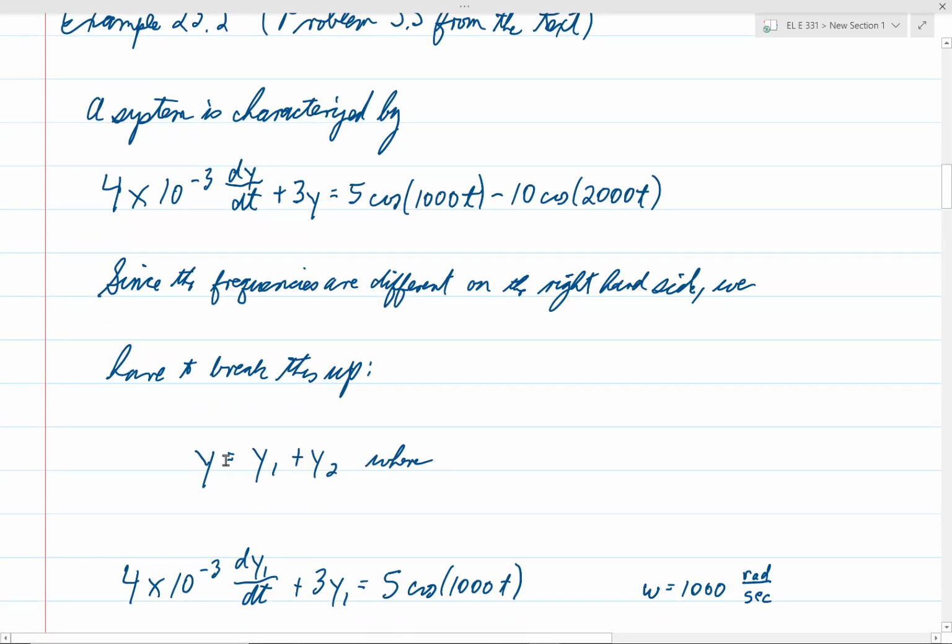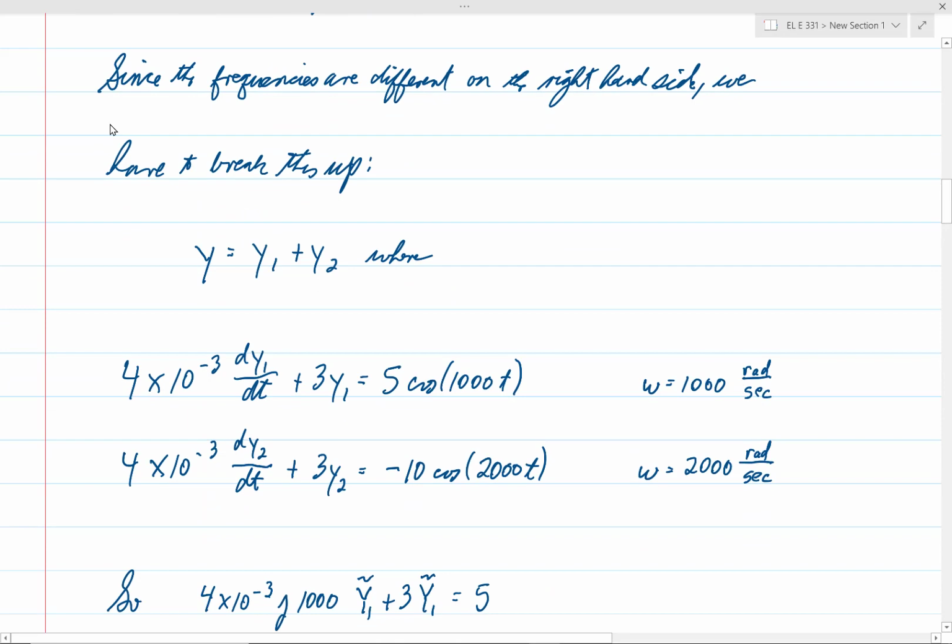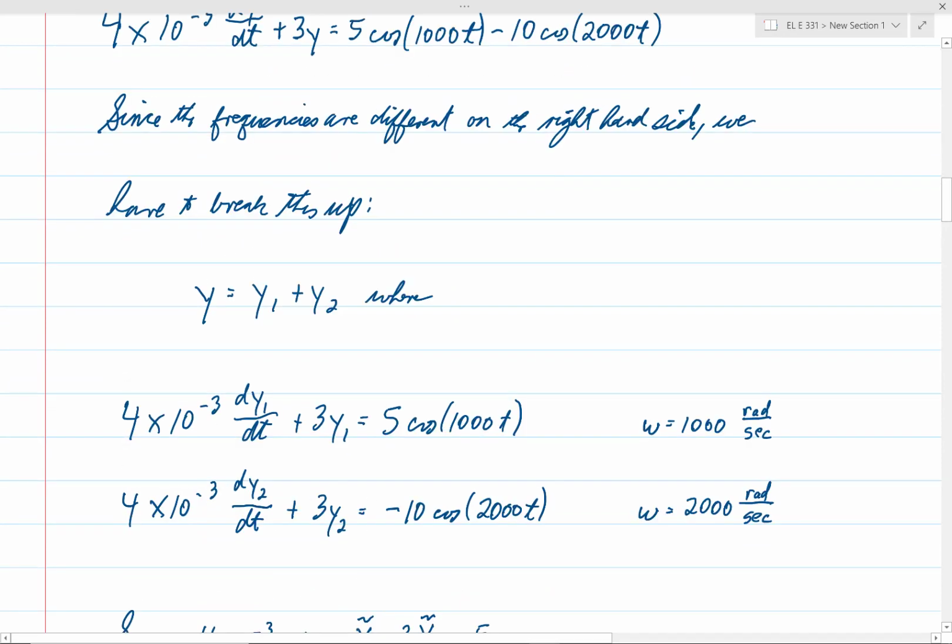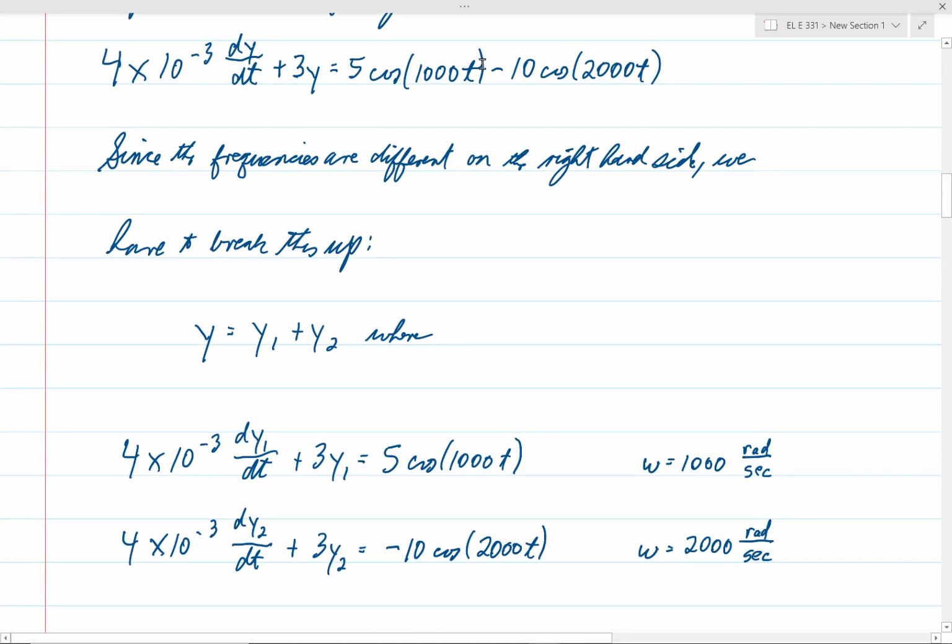We'll just say let y equal y1 plus y2, where y1 is what we get over here on the left-hand side when we use this first part of the source, and y2 is what we have on the left-hand side when we use the second part of the source.